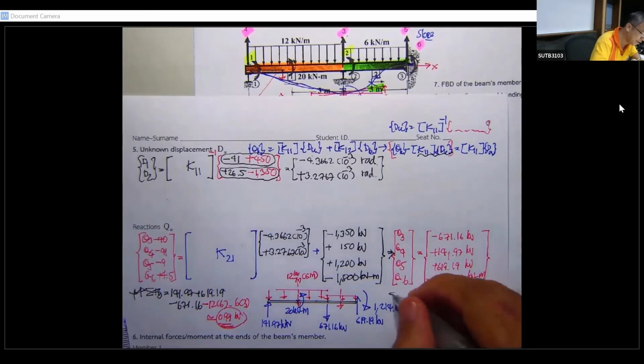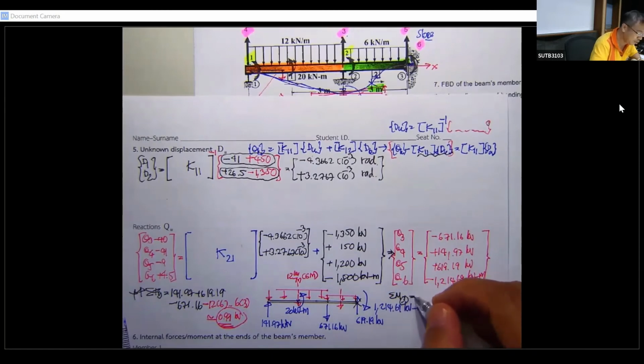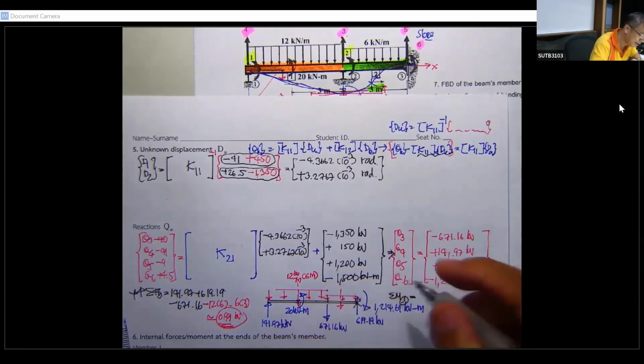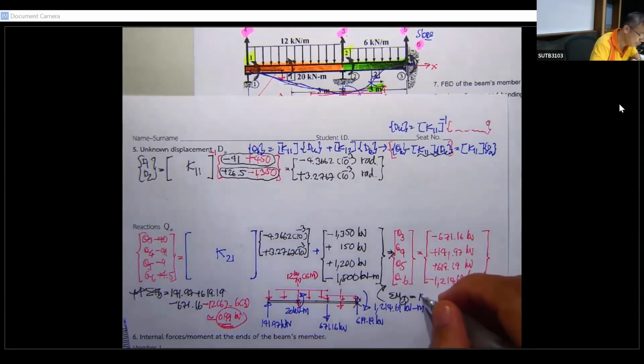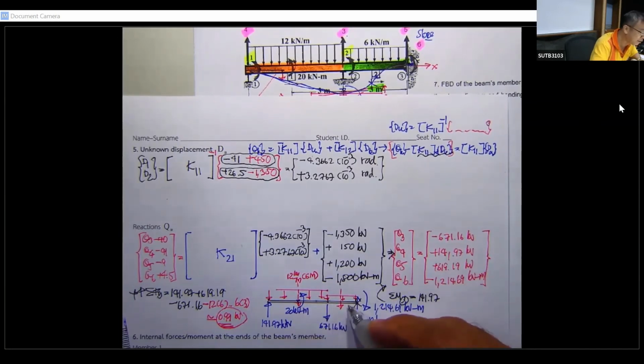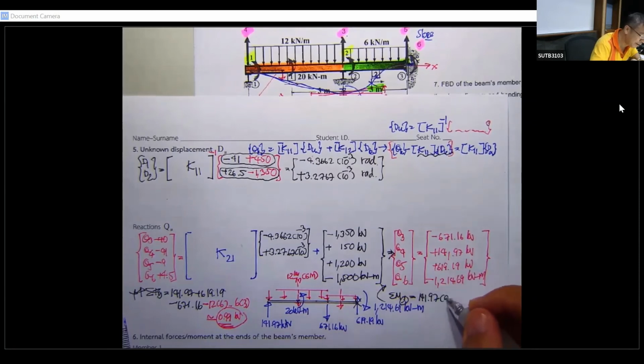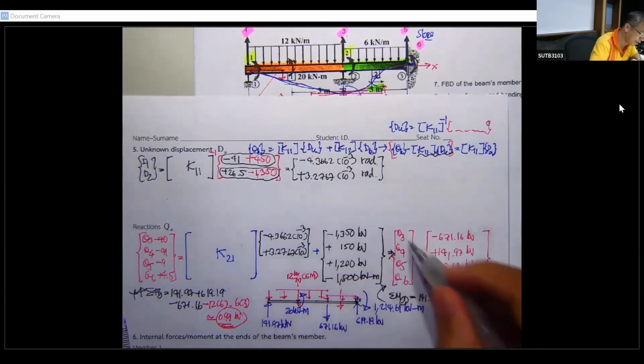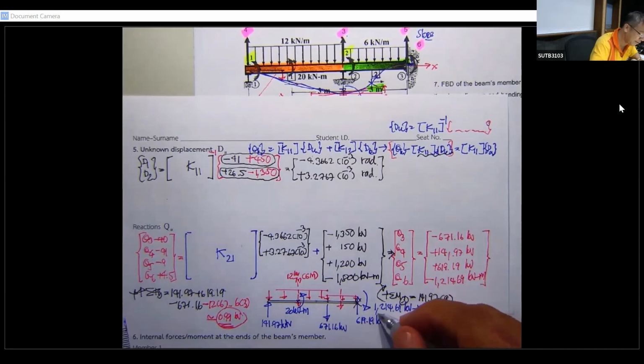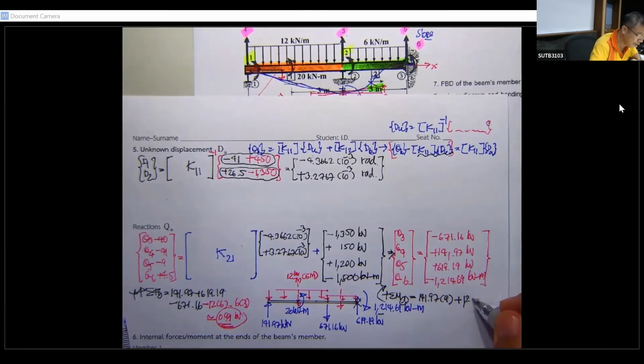Summation of the moment. You may take the moment over node number 3, and then you may have this one, the rotation in this way, 141.97 and 3. That is going to be 9 meter, and rotate this way is positive. This guy plus 12, 1,214.69.